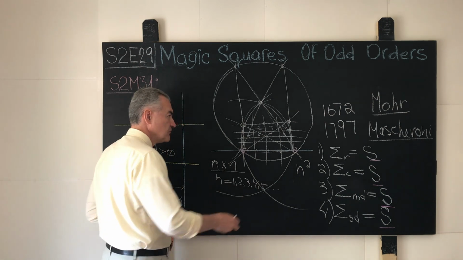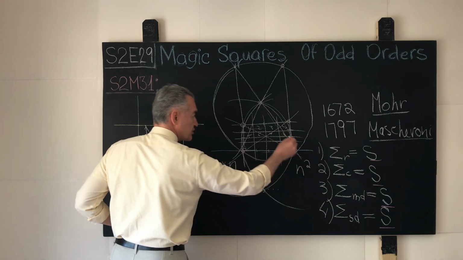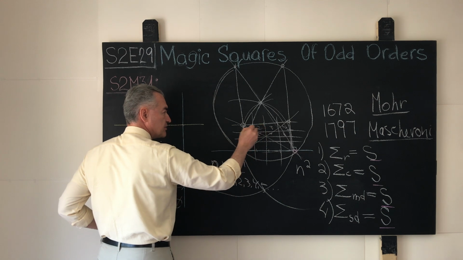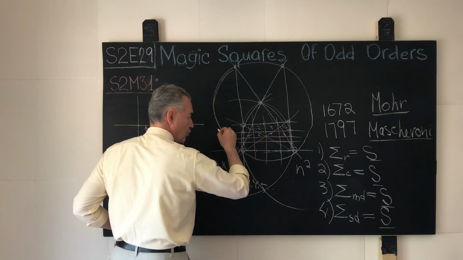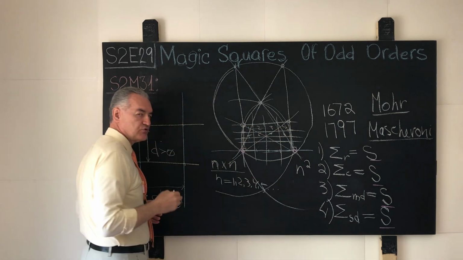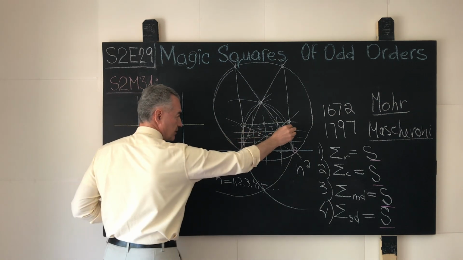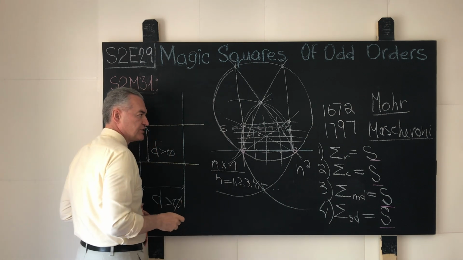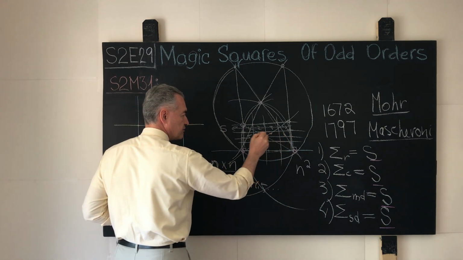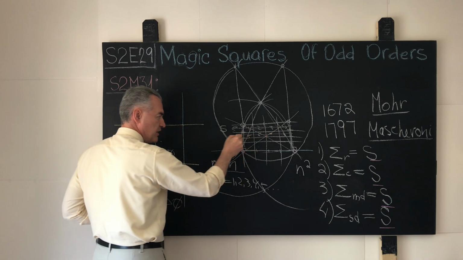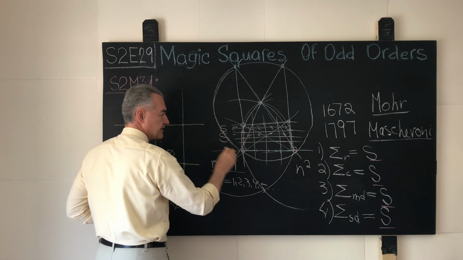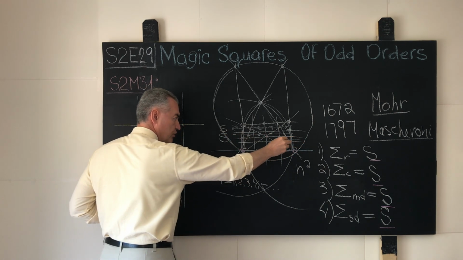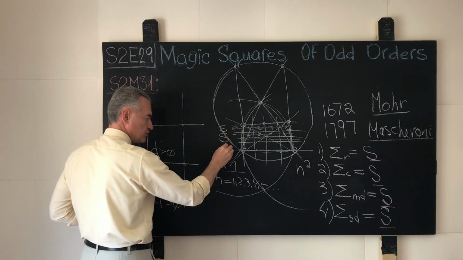Well, if we sum, according to the first condition, all the numbers in the first row, in all n cells of the first row, what do we get? We get s. And if we sum all the numbers in the second row of that magic square, what do we get? We get s. And if we sum all the numbers in the third row, we get s, and so on.